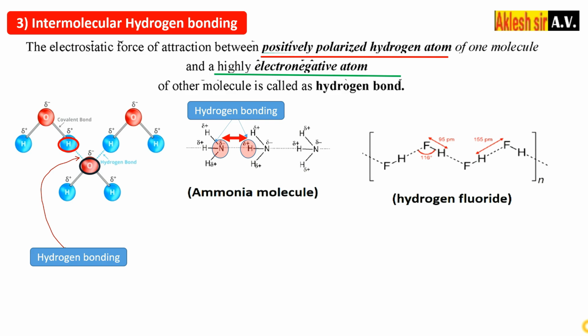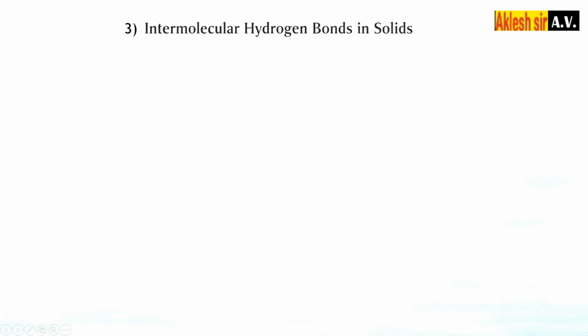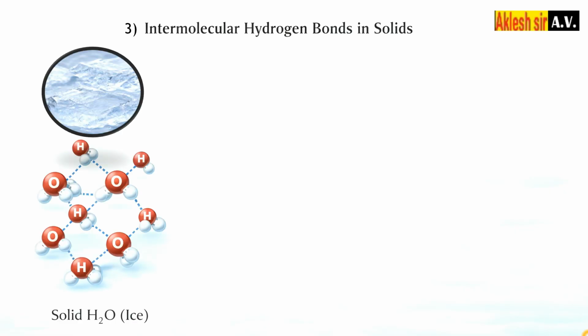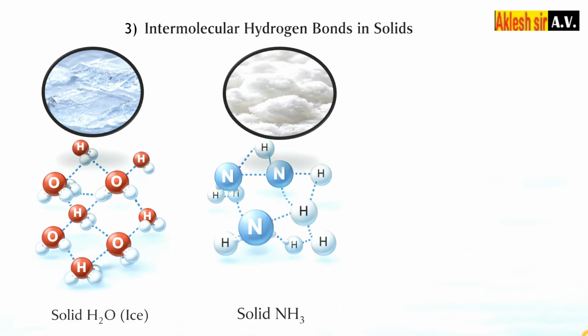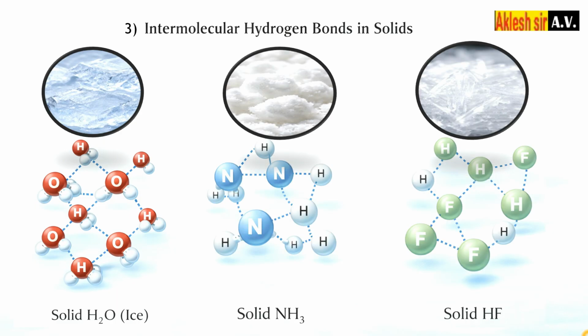Similarly, in hydrogen fluoride there is hydrogen bonding between the hydrogen atom and the fluorine atom. Examples of intermolecular hydrogen bonding: solids such as ice H2O, ammonia NH3, and hydrogen fluoride HF.